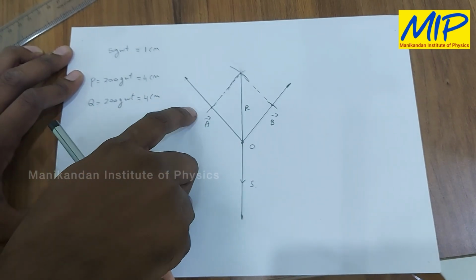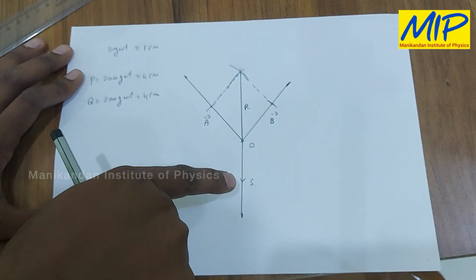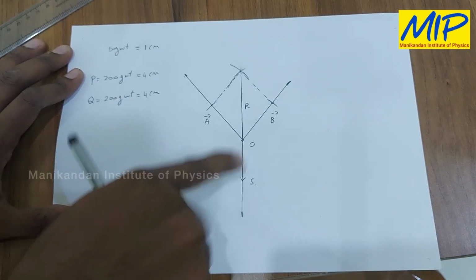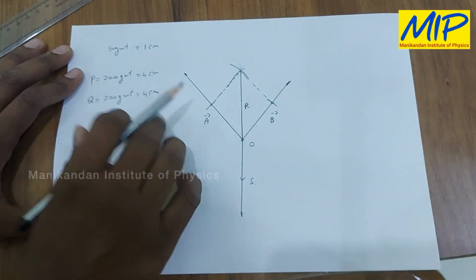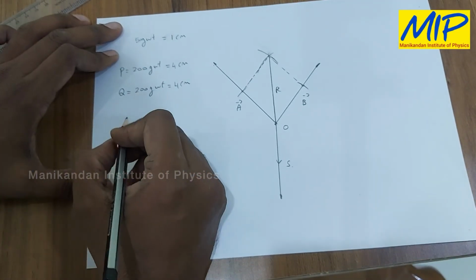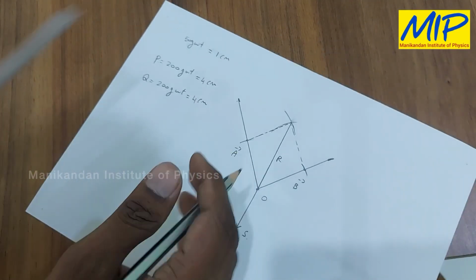My A vector, my B vector and the downward force, my unknown weight, are in equilibrium. So now we know what is my R. I just want to find my R value.